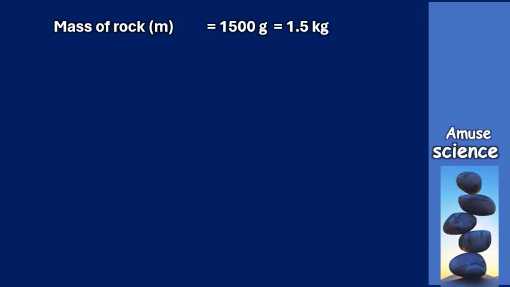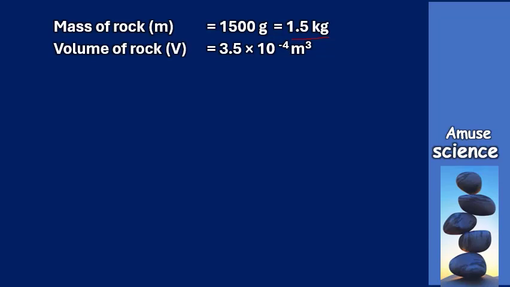And so the density of the rock will be given by the mass of the rock divided by the volume of the rock. So let's put the information given in the question down. Mass of rock is 1,500. But since our volume is given in cubic meters and the density of the water is also given in 1,000 kilograms per cubic meter, it is advisable to convert the mass in grams to kilograms.